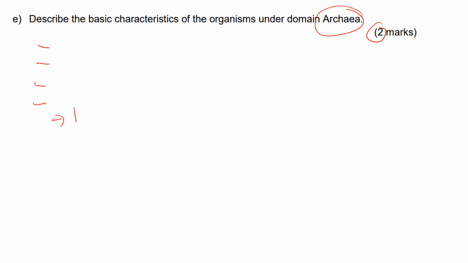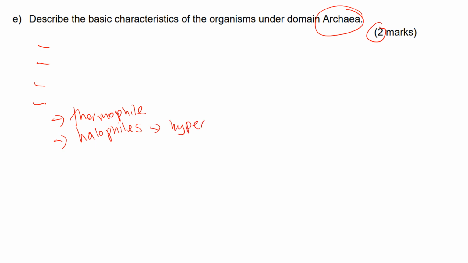They can be halophiles. Halophiles mean they can live in a really high salt concentration environment. They are salt loving, a hypersaline environment.